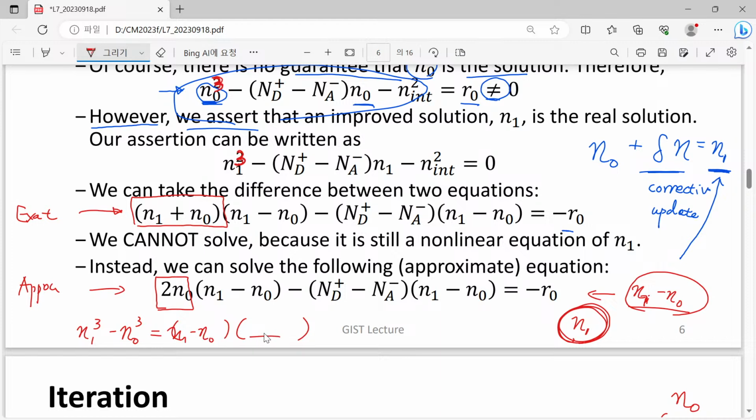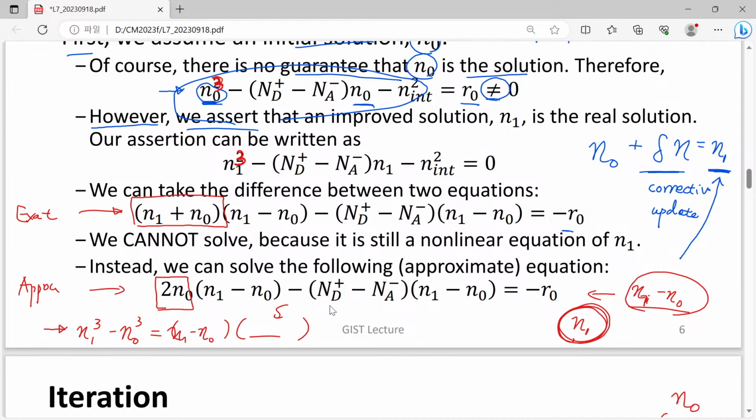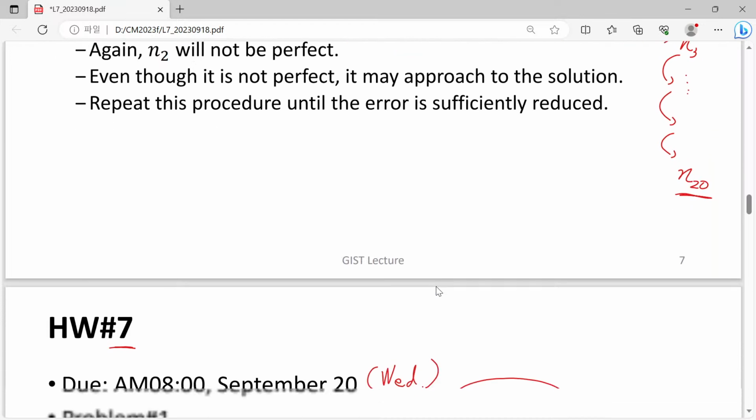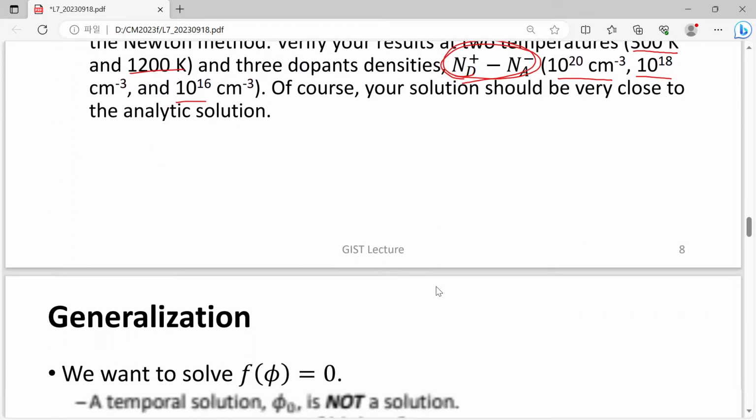So something I don't remember anymore. But if we have this kind of expansion, then what will happen to this guy to make an approximation suitable for this kind of solvable linearized equation? So his question can be answered this way, in my opinion.